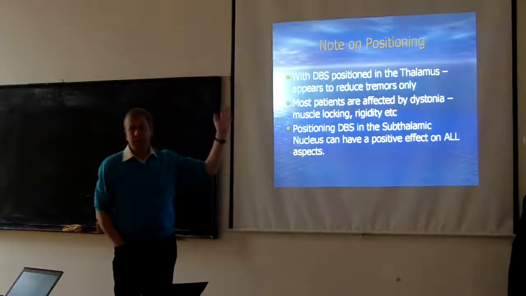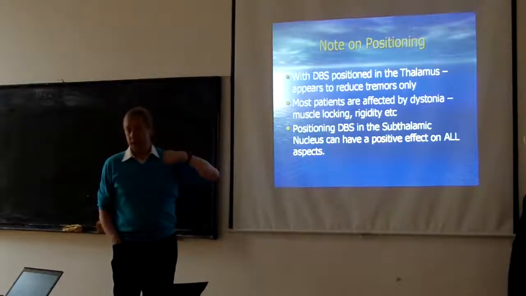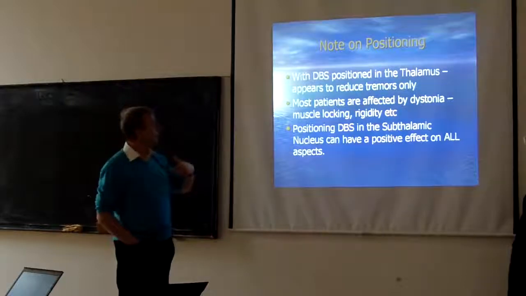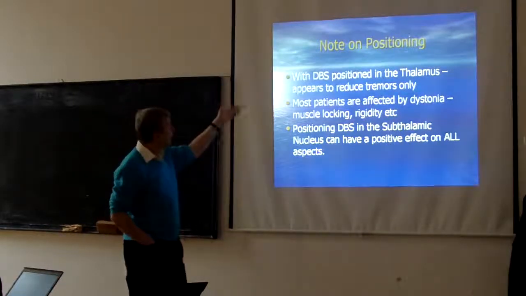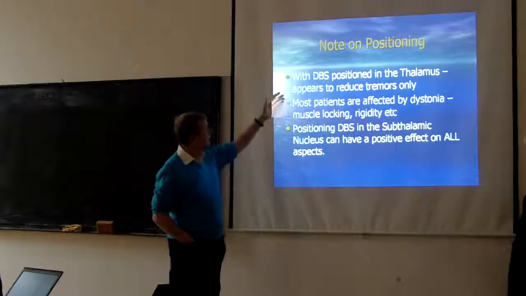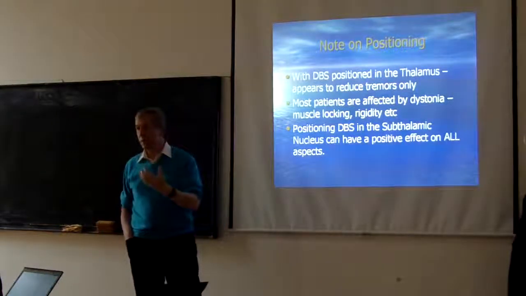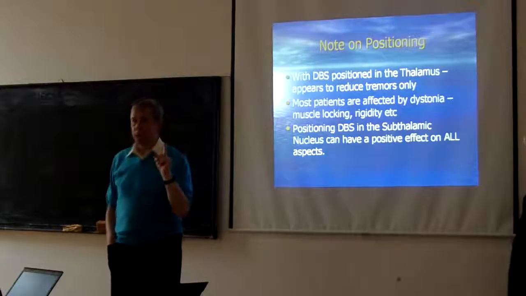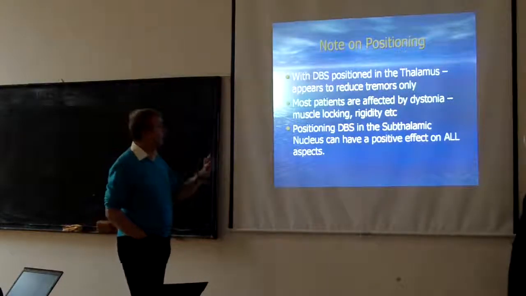These words are just taken from the one surgeon I work mainly with, Tipu Aziz, and he says that with deep brain stimulation positioned in the thalamus only, it just reduces the tremors. This is one surgeon's opinion.